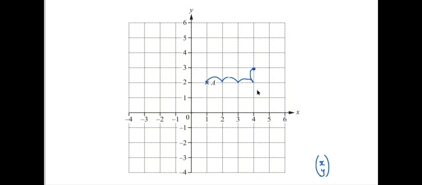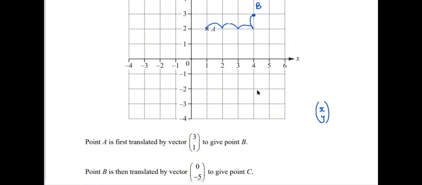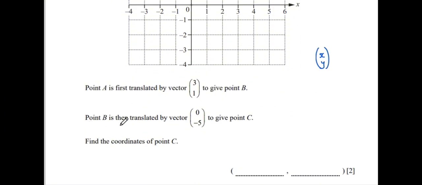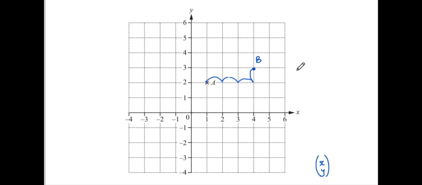So here becomes our B. Then they say that B is then translated by a vector 0 and -5 to give C. So let's get C from B. We'll move negative, which is downwards: 1, 2, 3, 4, 5. So here becomes our C.